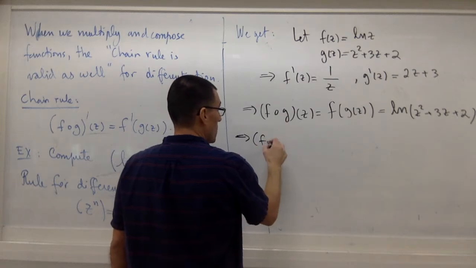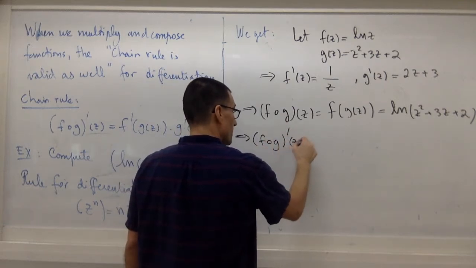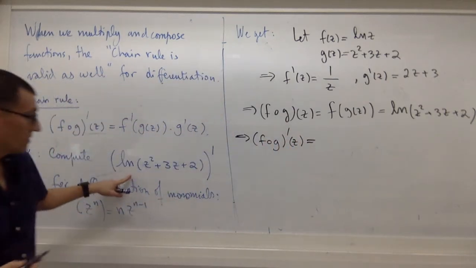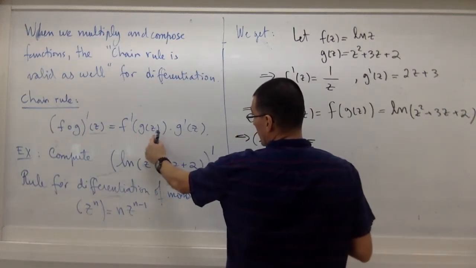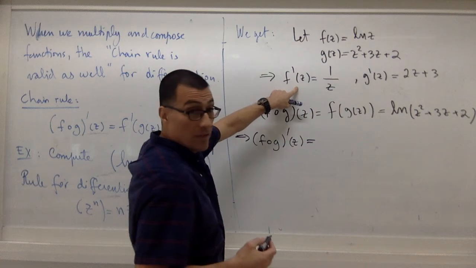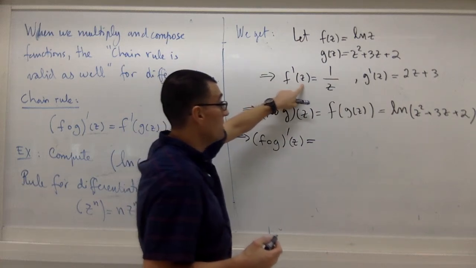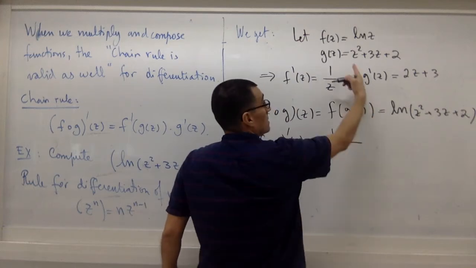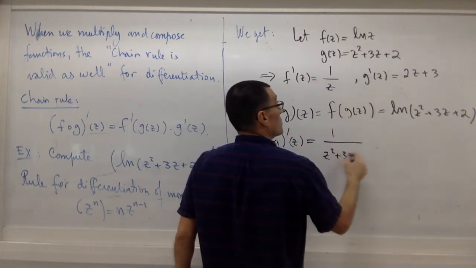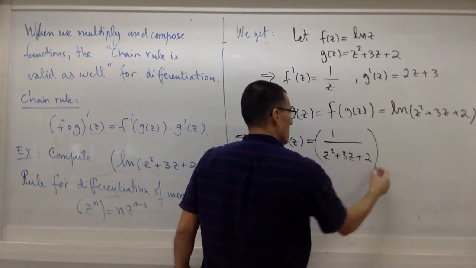So the derivative of the composite, according to the rule, will be f prime at g of z. Well, f prime is up there. F prime evaluated at g of z is going to be 1 over z squared plus 3z plus 2, okay?